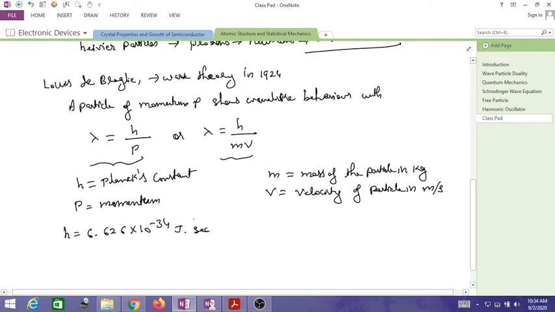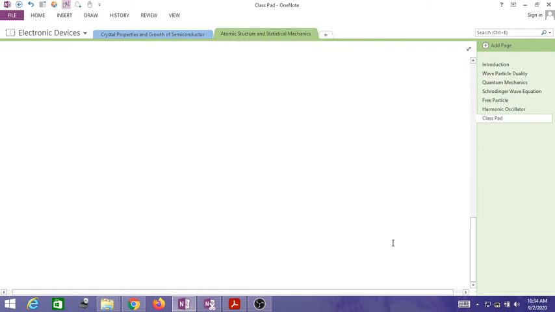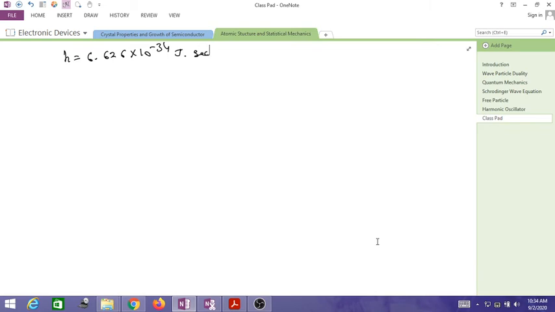Now with this wavelength theory, we can say that de Broglie has stated that the wave-like behavior is exhibited only by particles like electrons and protons that have a small value of p, because of their small mass.